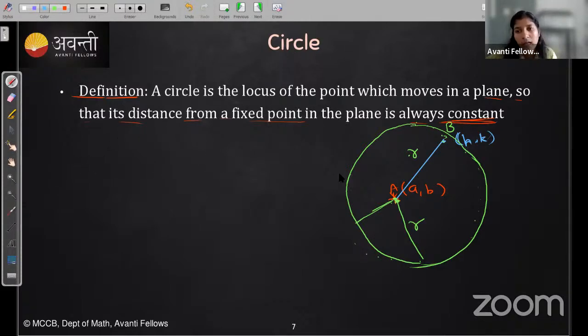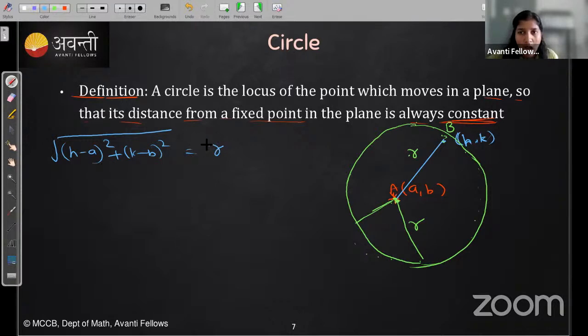So what is the distance formula? Answer me in the chat box. If we apply the distance formula, it will be the square root of H minus A whole square plus K minus B whole square, equal to the constant.